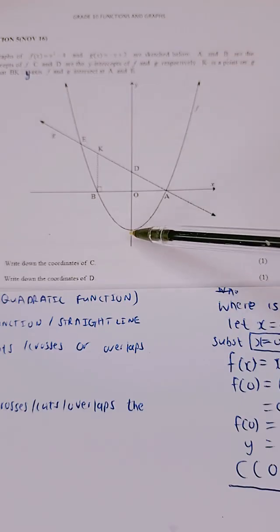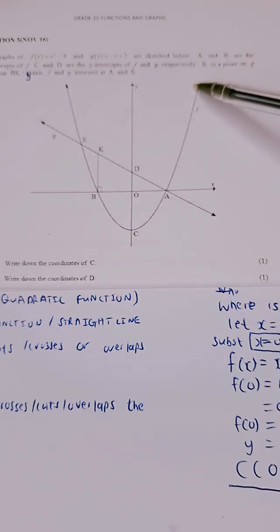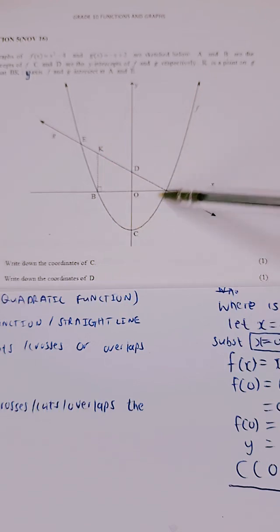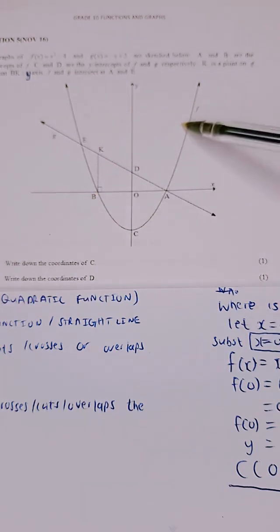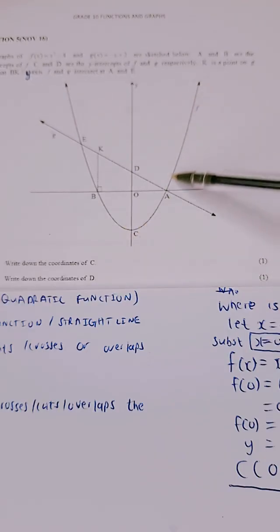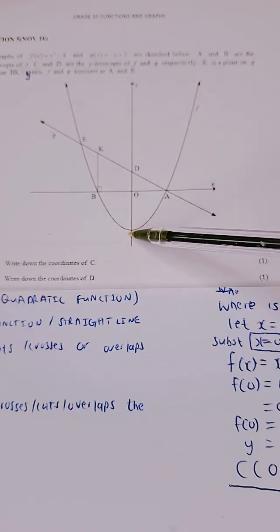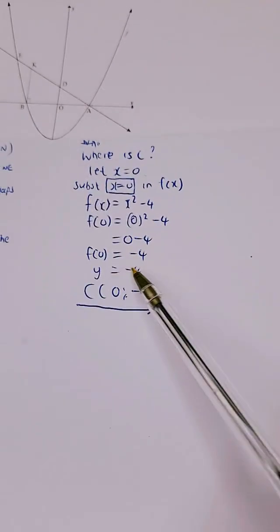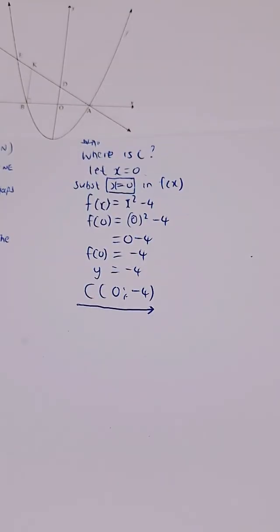We found that C further is passed by the parabola function, which is f of x is equal to x squared minus 4. So we let x be equal to 0 for the function as well, because the function passes through this point. And then when we substituted, guys, that 0 in the place of x, we got a corresponding y value, which is negative 4. Therefore, our coordinates of C were 0 and negative 4.